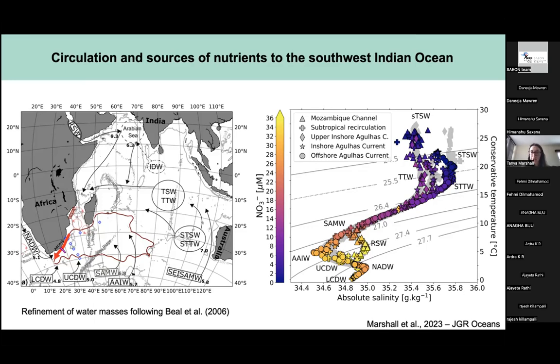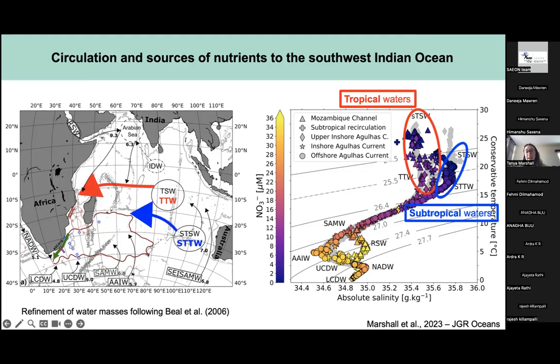On the right-hand side, I'm showing a TS plot where the color is nitrate concentration. This is for the discrete data shown on this map. What I want to draw your attention to is above this 26.4 isopycnal, roughly above about 500 meters, where we see a strong differentiation in the thermocline and surface waters.